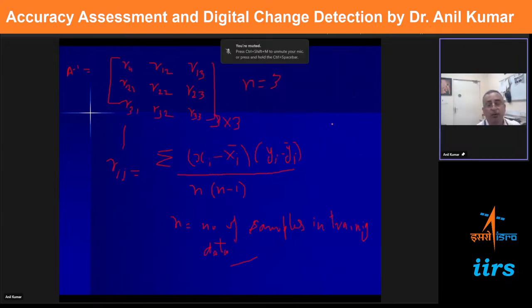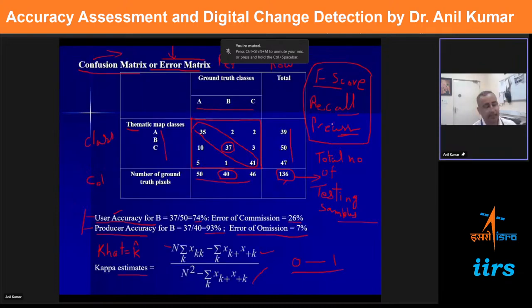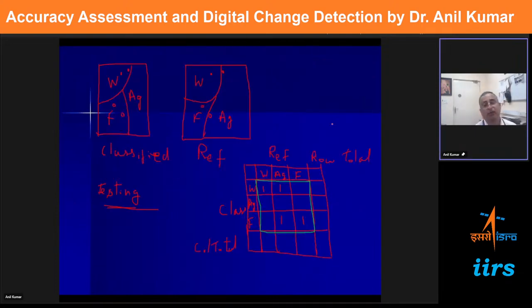Then I went to the accuracy assessment part, and I mentioned what is required to go for accuracy assessment of a thematic map. We require a classified map whose accuracy is to be checked, and we require a reference data from the ground truth in the form of map. And these two maps are required to create the error matrix. So that also I explained how to get the values in the error matrix using the testing samples.